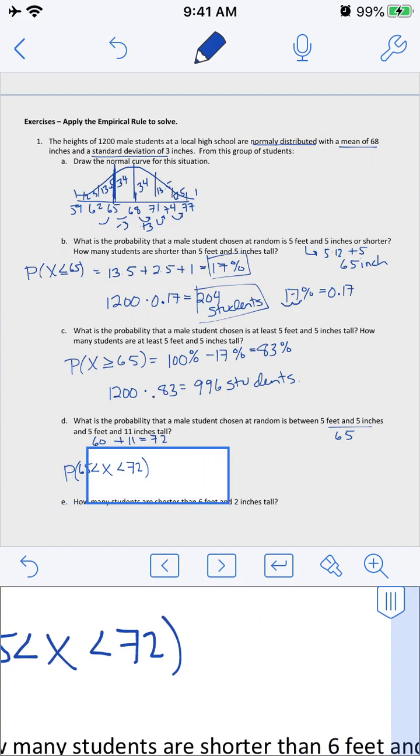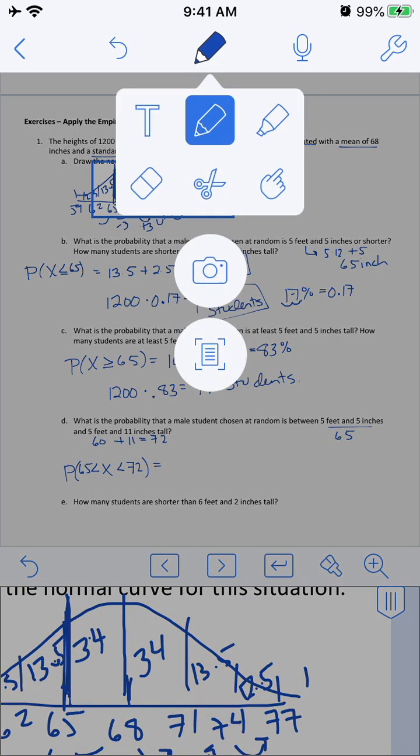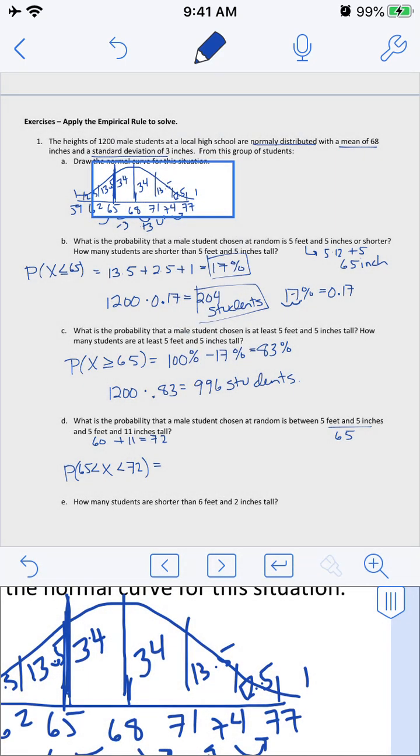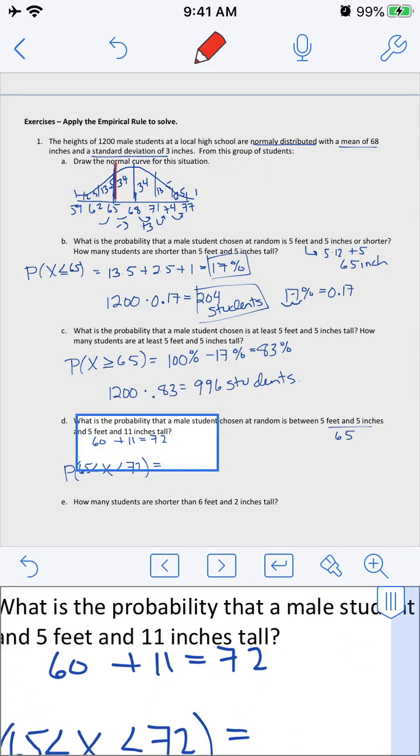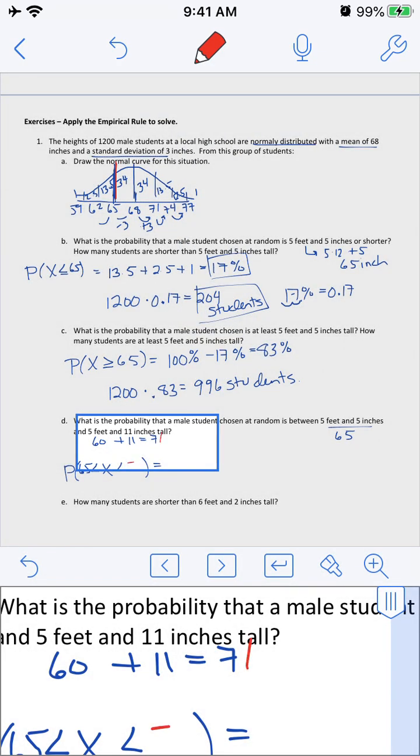So same routine though, we'll go back to our normal curve now. Where is 65? Let me grab a different color. Here's that 65 again. Let's see, 72. Did I do my table wrong? I'm sorry. That's 71. Let's try that again. Not 72.